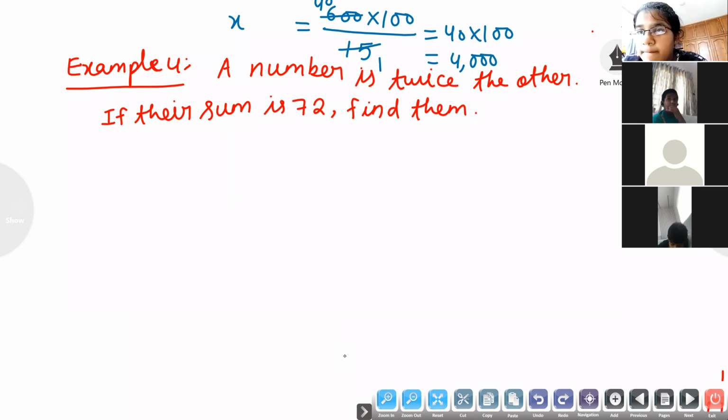Now students, tell me how to solve this question. In the first line he has given a number is twice the other. Twice means one number will be a smaller number and the second number will be a bigger number. Then what can we assume?